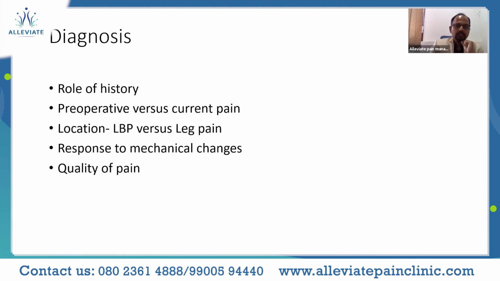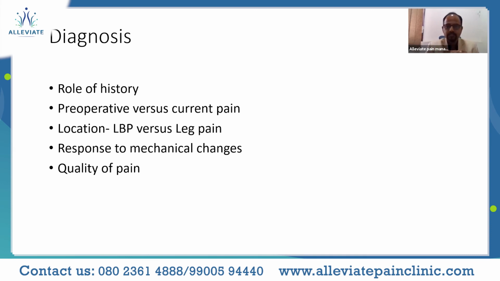So this is just a summary of whatever we spoke about so far, like the importance of history taking and finding out whether it was a preoperative versus the current pain. So you have to see whether it is similar to the preoperative pain and the current pain. Then every patient you have to treat as a new patient and evaluate, and then see whether it is similar to the preoperative pain or is there something new.